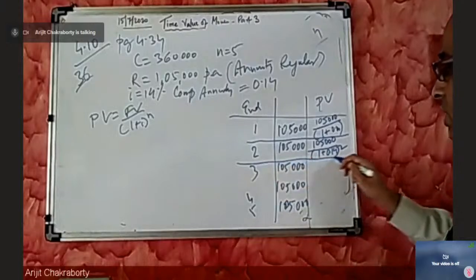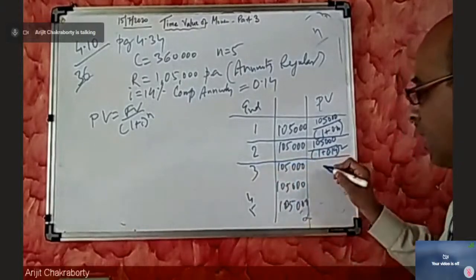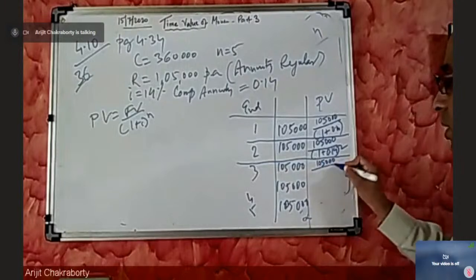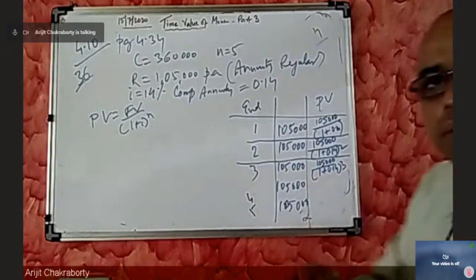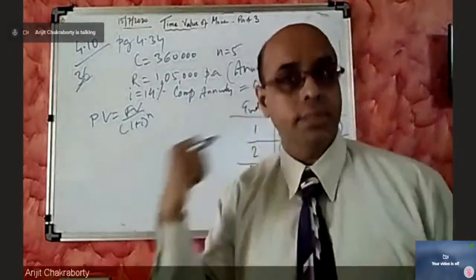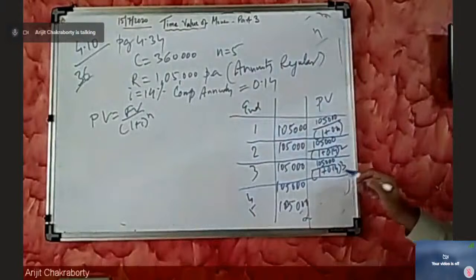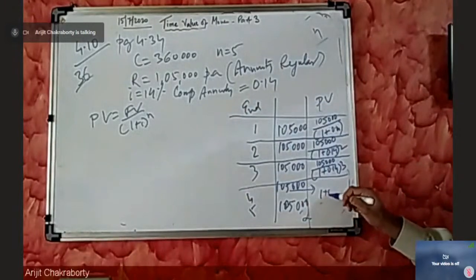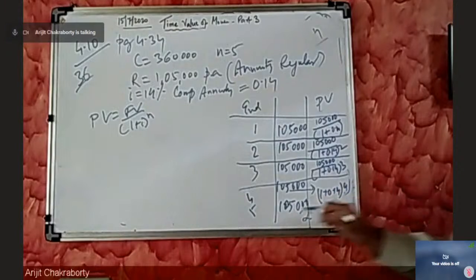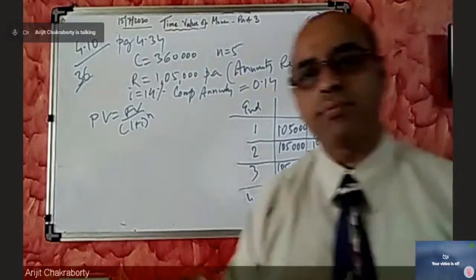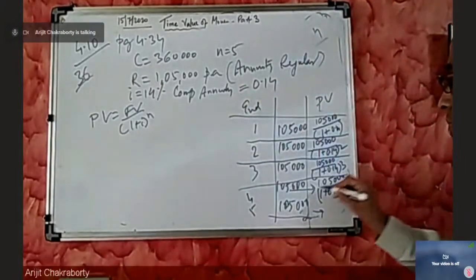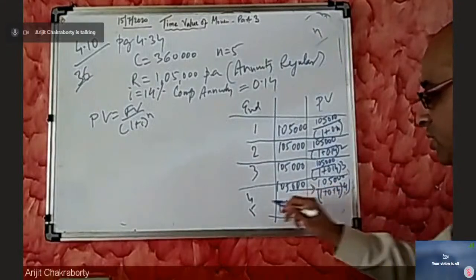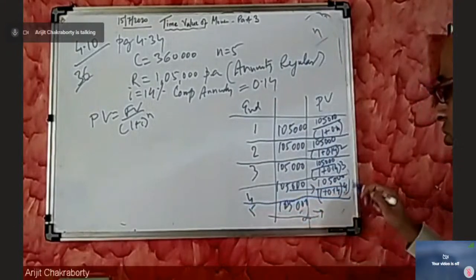Second year is done. Third year in this way will become 105,000 divided by 1 plus 0.14 to the power 3, because n is 3. Third year is done. For fourth year, it will be 1,05,000 divided by 1 plus 0.14 to the power 4.